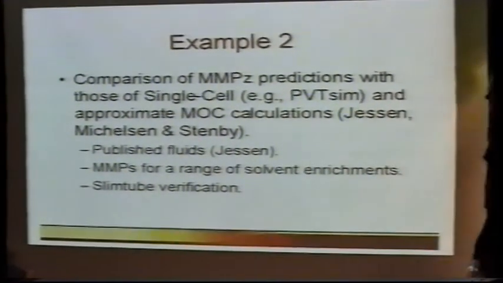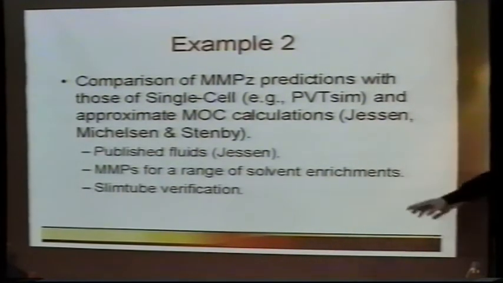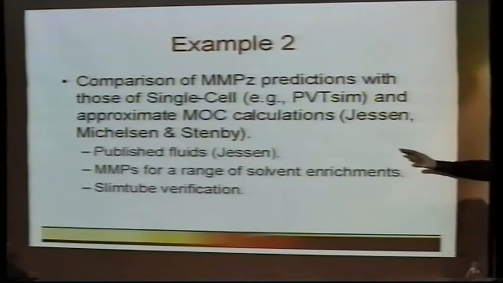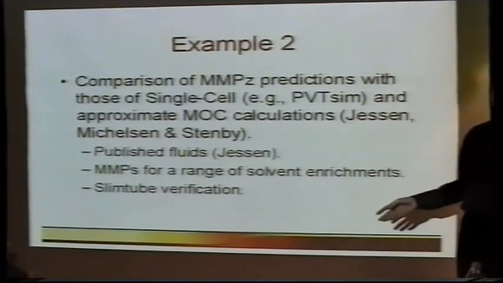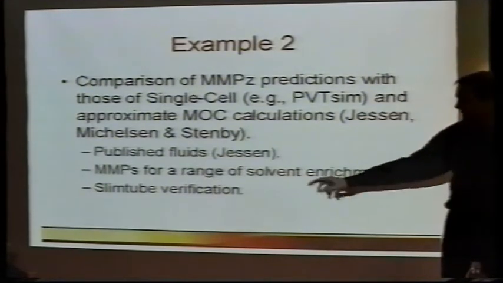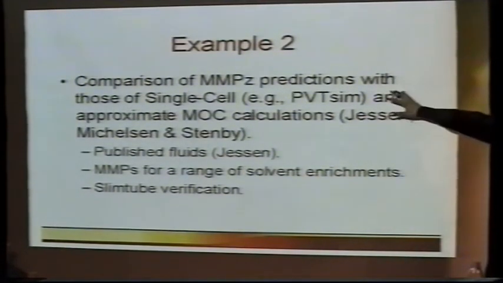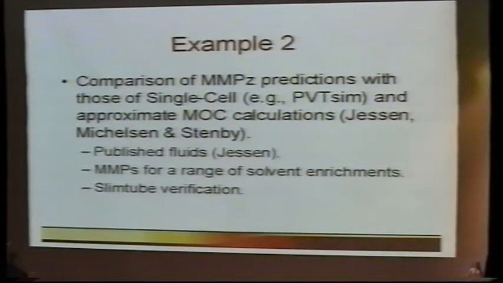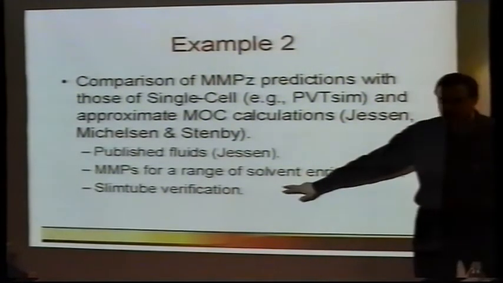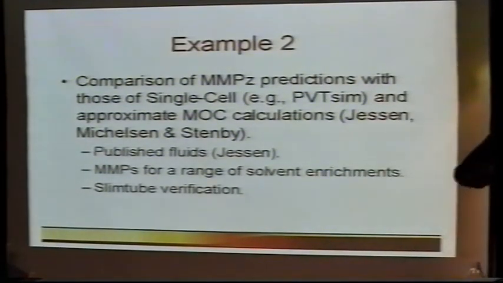So it's using published fluids. And what they've done is they've calculated minimum miscibility pressures for a range of solvent enrichments. And so I'm going to reproduce their results. And then besides doing these calculations, I'm also going to show you one slim tube verification of a key point in the results.